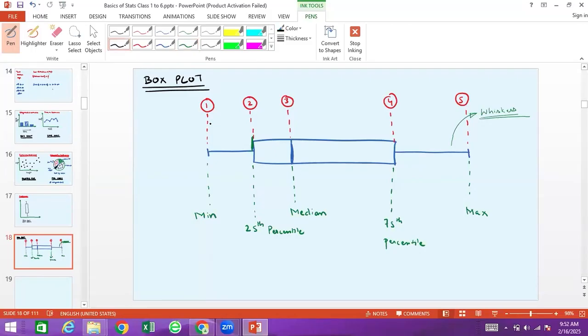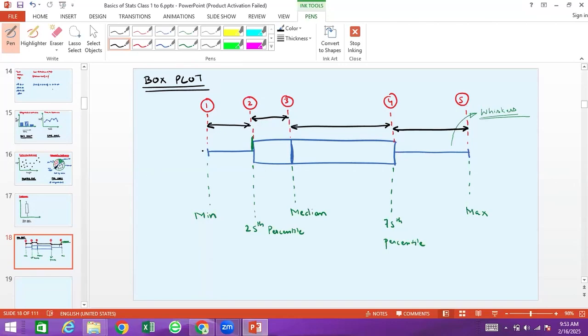This is one part, this is second part, this is third part, this is fourth part. In each part the width is different. From here to here, this width is definitely smaller as compared to this width. So when we say 4 equal parts, I'm not talking about the width. I'm talking about the percentage of people in each range.